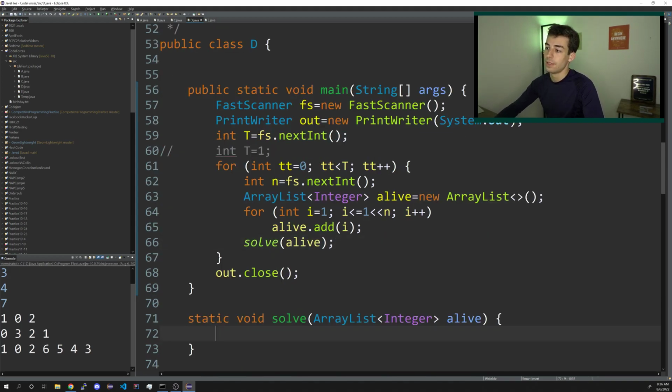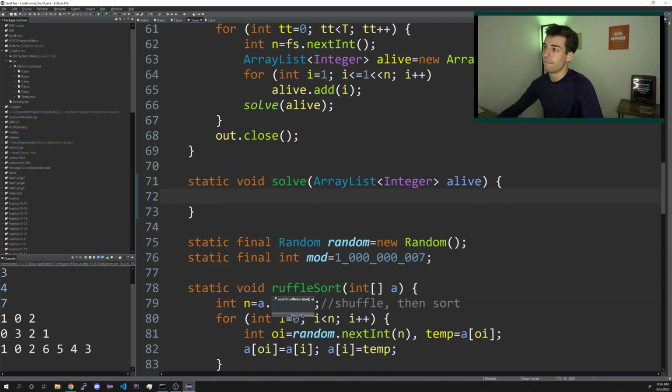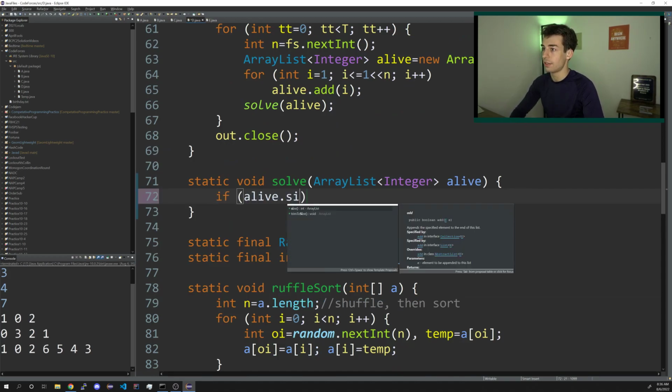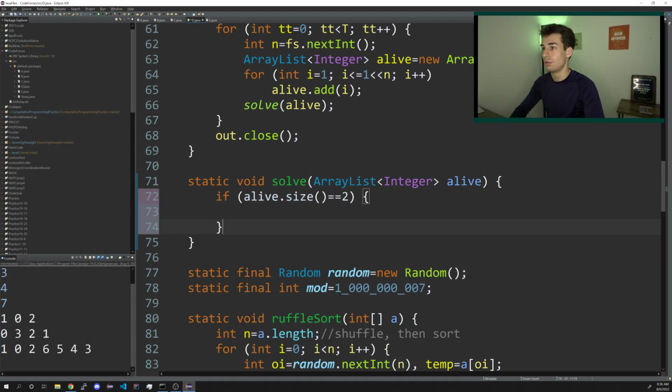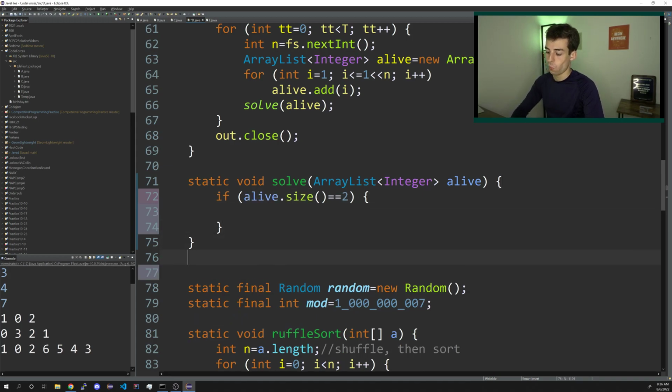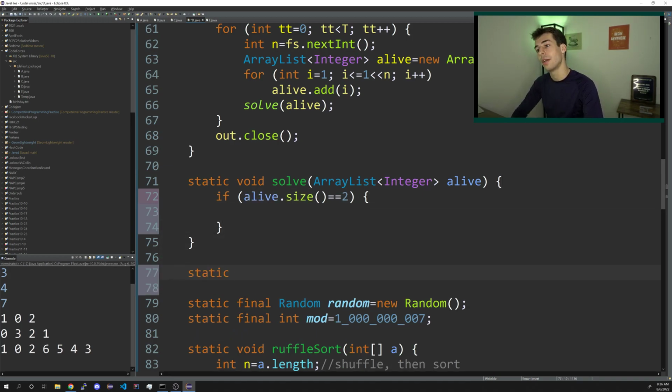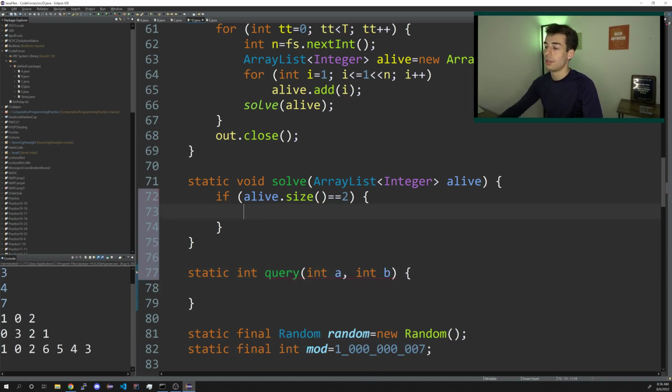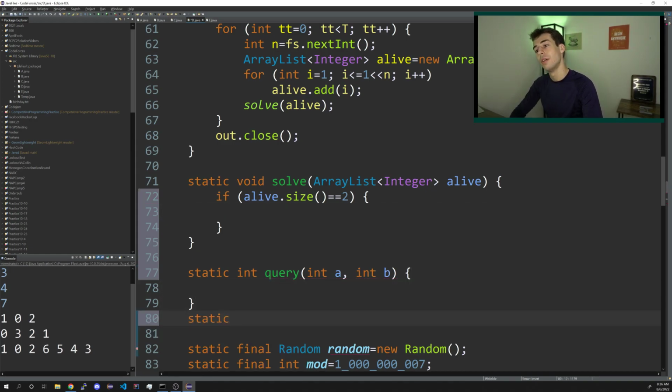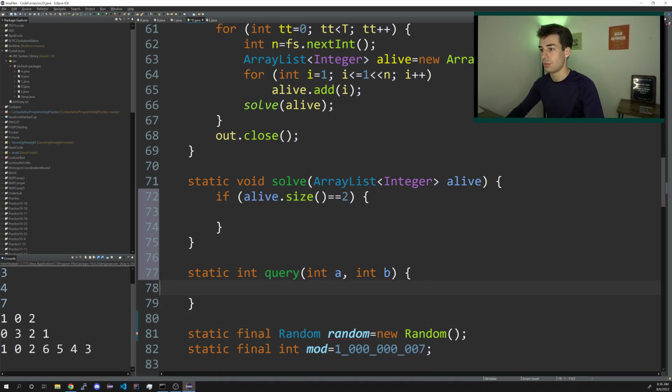Okay. Cool. So if alive.size equals 2, static query int a and b. Static winner. Oh, I guess we want the winner.